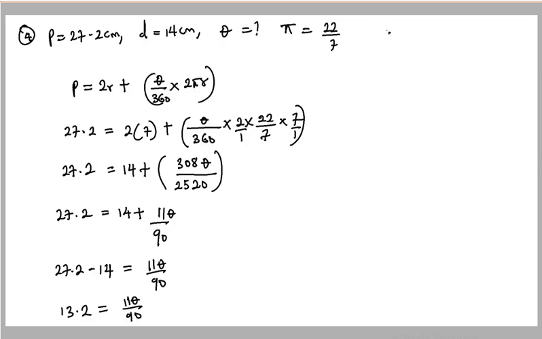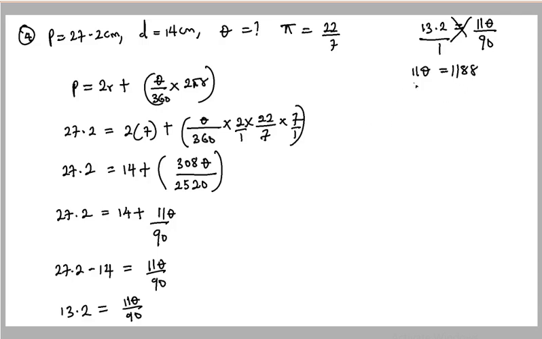So what do we do here? We cross and multiply. 13.2 equals 11 theta over 90, so let's call the left side over 1. Cross multiply. 11 theta times 1 gives us 11 theta. 90 times 13.2 should give us 1188.